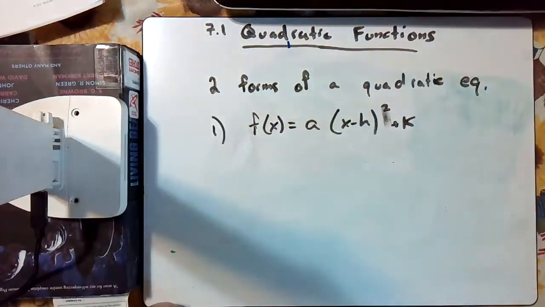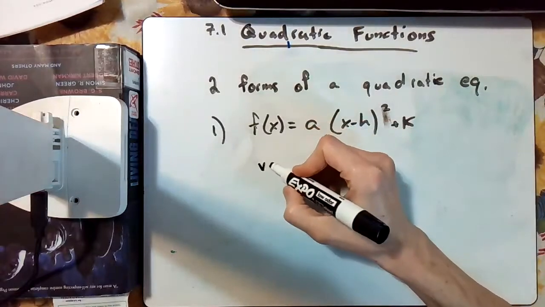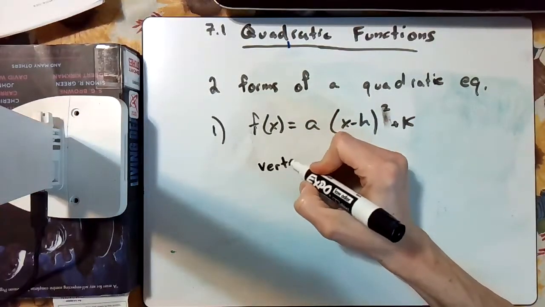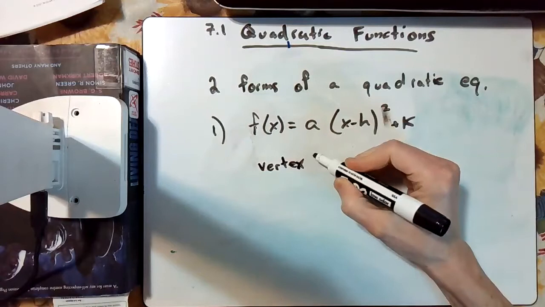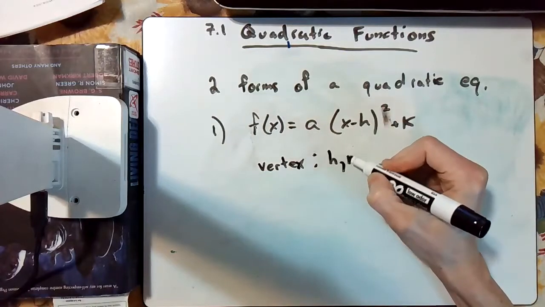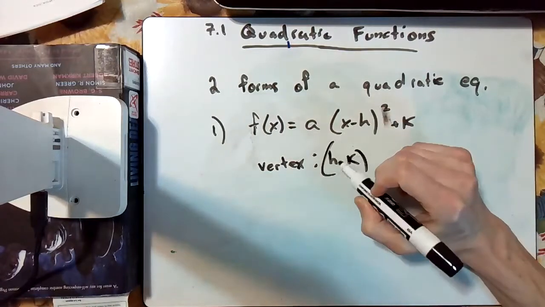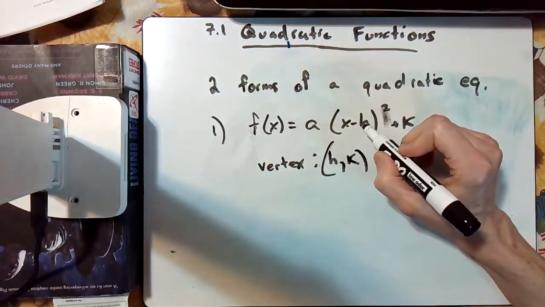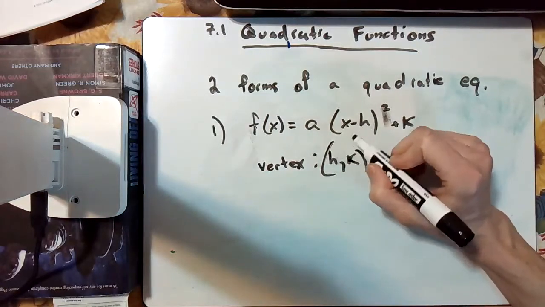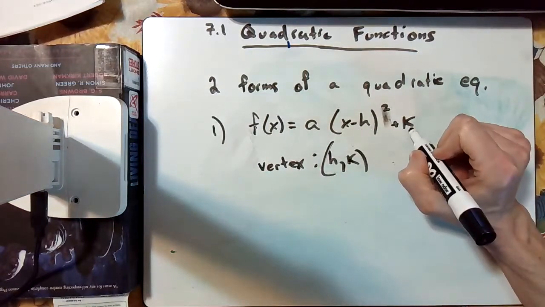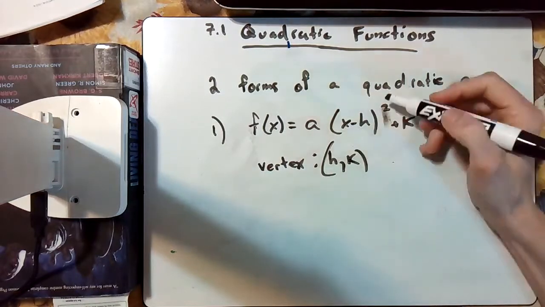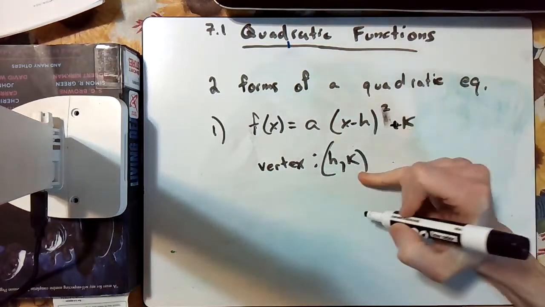The vertex from form 1 is just h comma k. So again, remember that's the horizontal transformation. We would go in the opposite direction for the h. That's why the sign flipped. And for vertical transformations, the sign didn't flip.